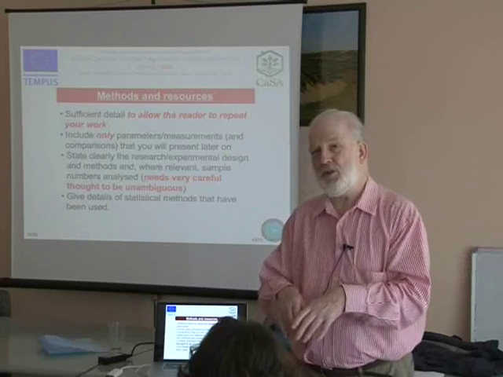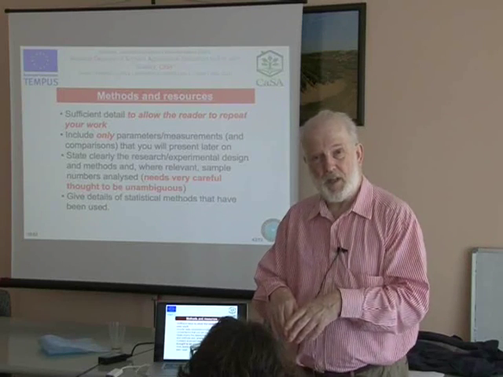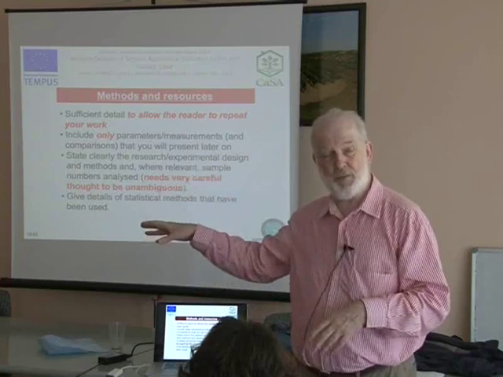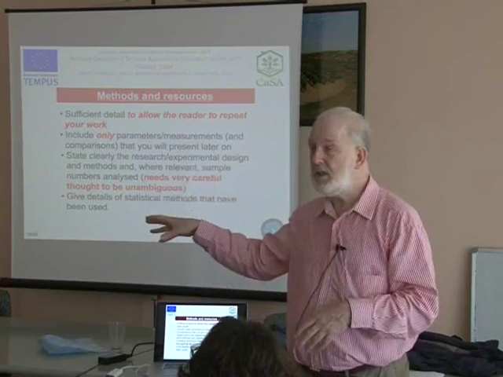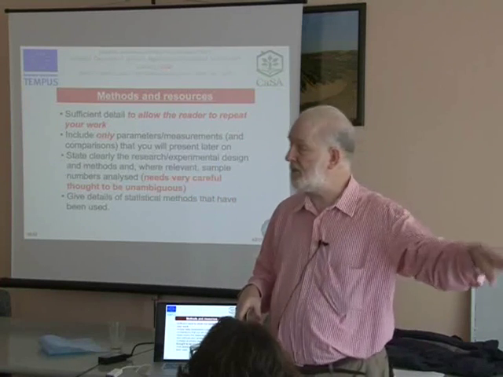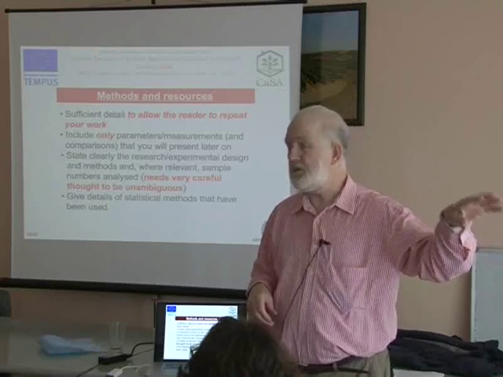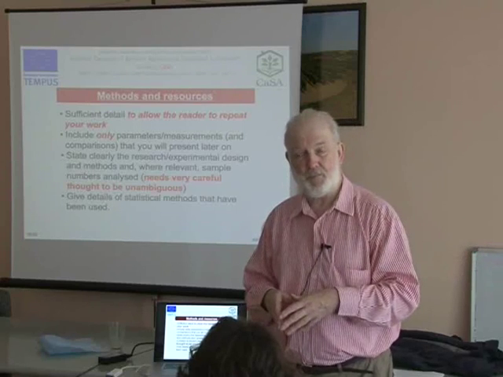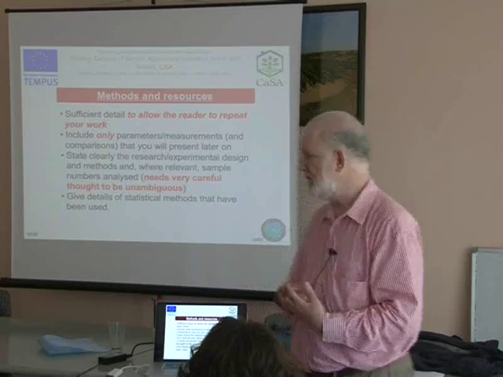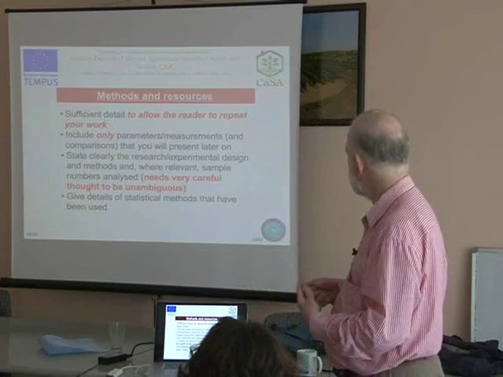Make sure that you are consistent in describing parameters in materials and methods, only those that you're going to be discussing and describing in the results and discussion. So there has to be consistency between those two.